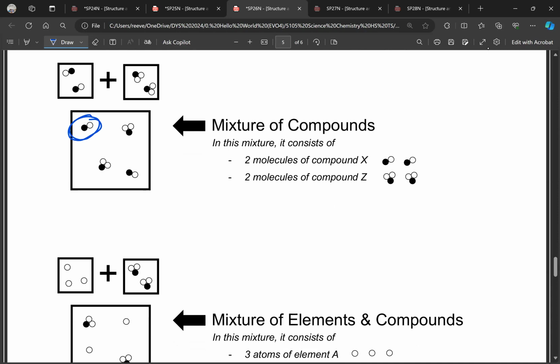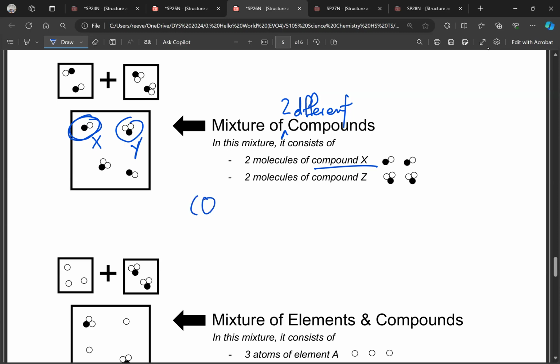This is compound X. Let's look for another different compound, because I must have a mixture of two different compounds. So I got compound X that has one black, one white. Compound Y has how many? One black and two white. So they are not the same compound. They are different compounds already.